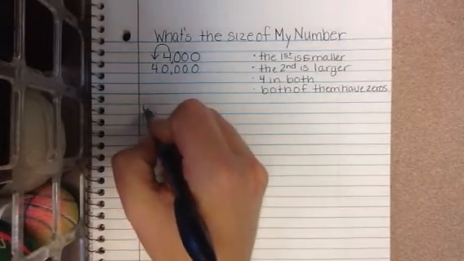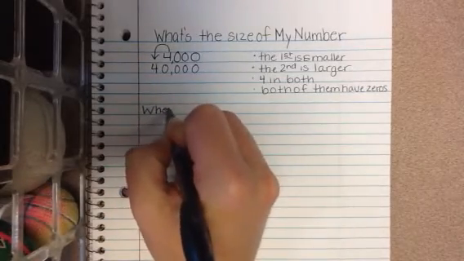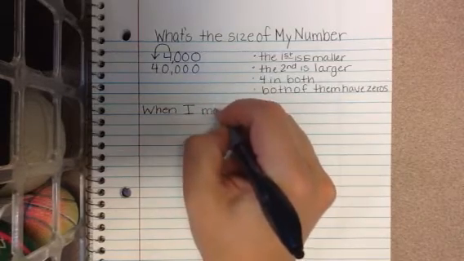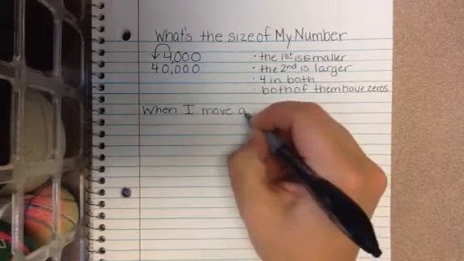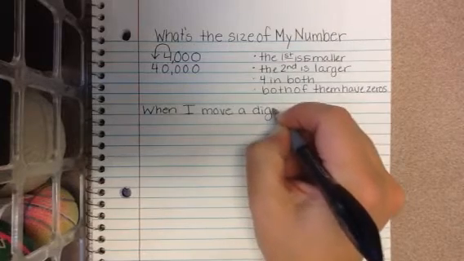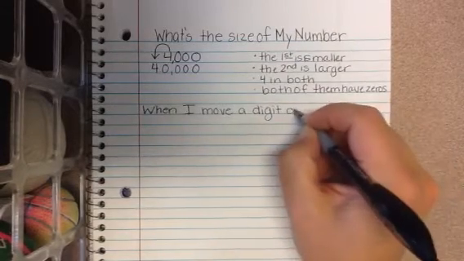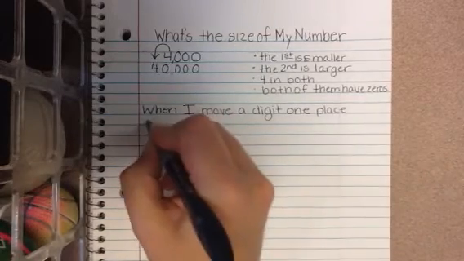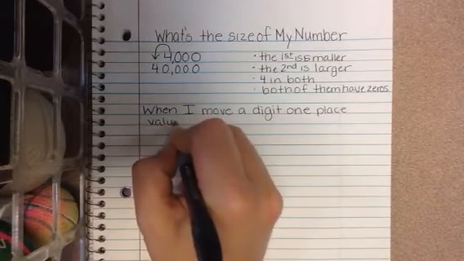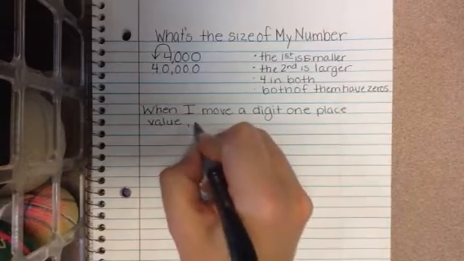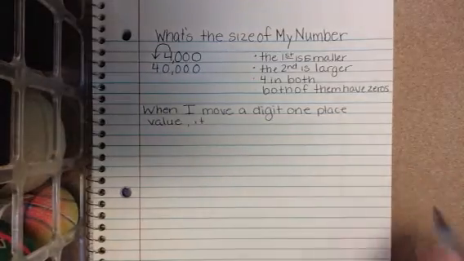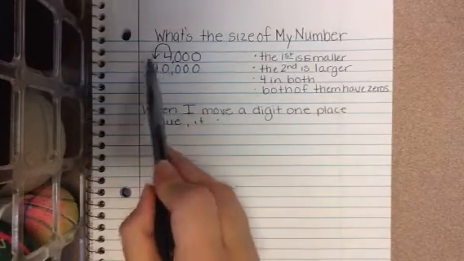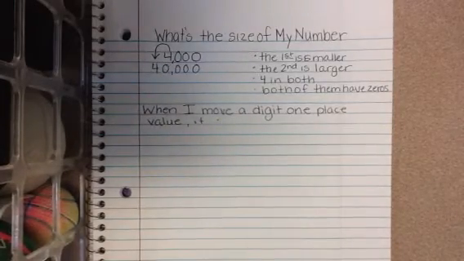Let's start that sentence and investigate how I could finish it. When I move a digit one place value, how could I finish that? What are all the ways that I could finish it? When I move one place value, what happens?